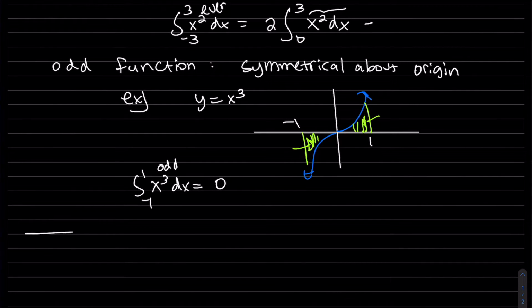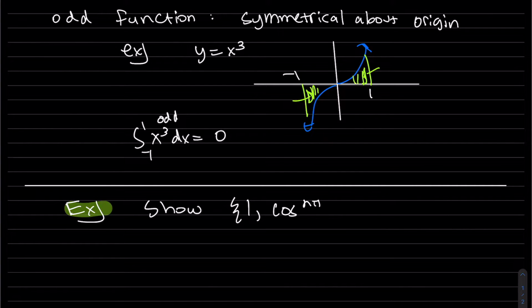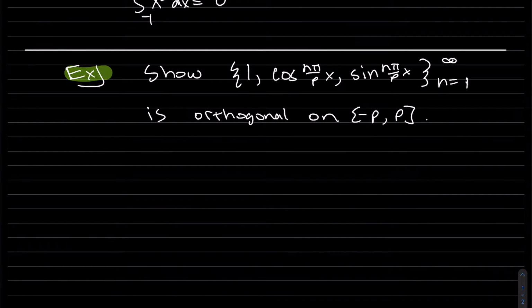Now we're going to use that whenever we can. We're going to show this infinite set is orthogonal on the interval minus p to p. We're going to start with these two.